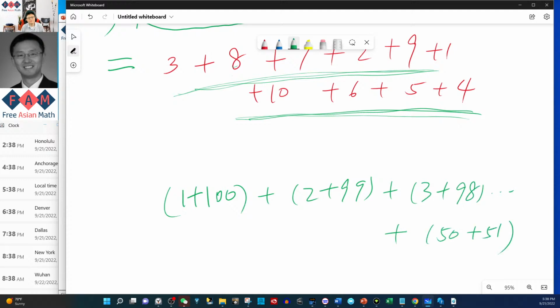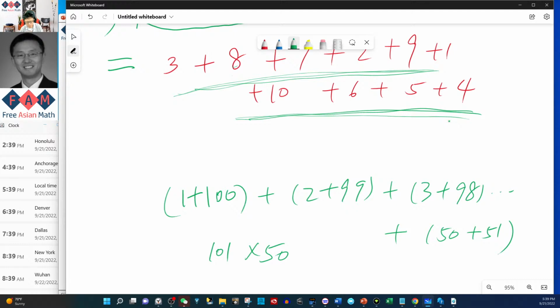So that way, you can clearly see this is nothing but 101 times 50. So all Gauss did is use the commutative and associative law, reshuffle the order of the summation.